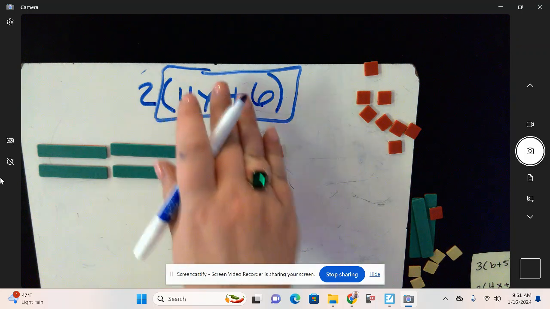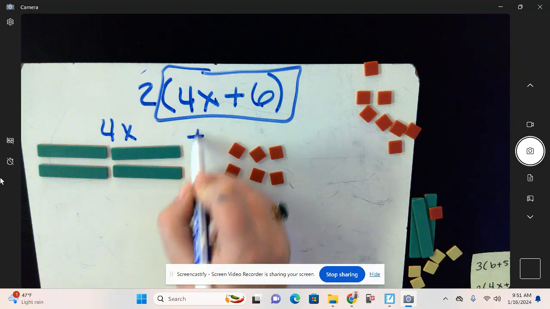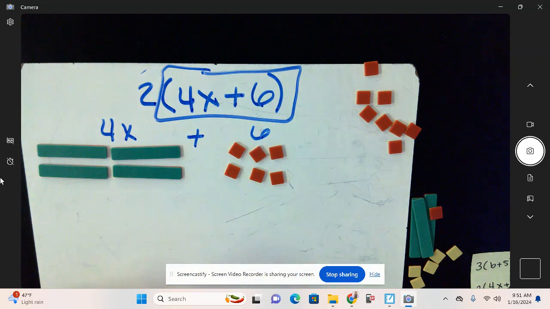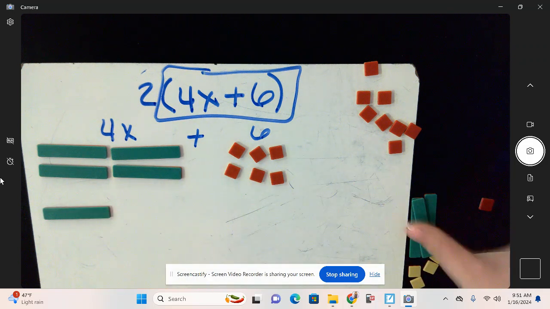So this is the model for what's in parentheses. I have 4x plus 6. How many times do I have to do this? Twice. I have to do it 2 times. Well, how do I know it's 2 times? Because the 2's on the outside of the parentheses. So I'm going to build it 2 times.